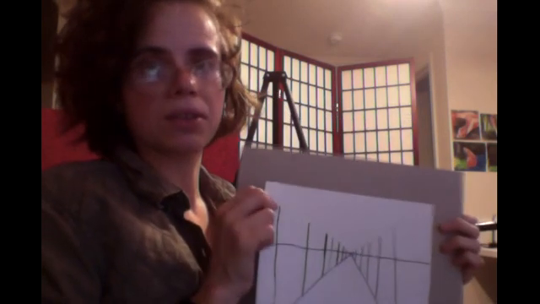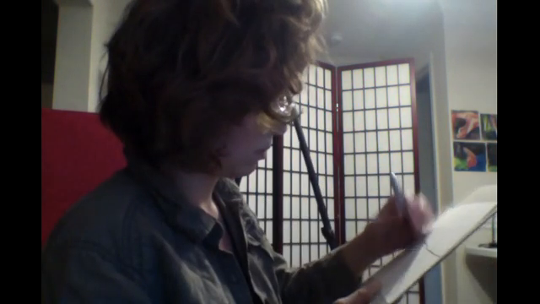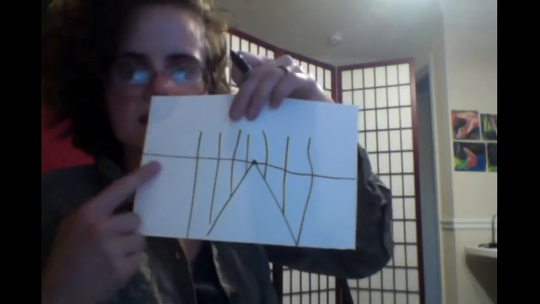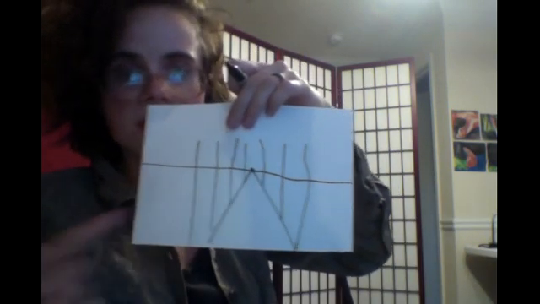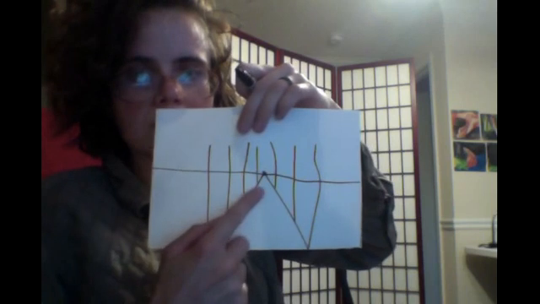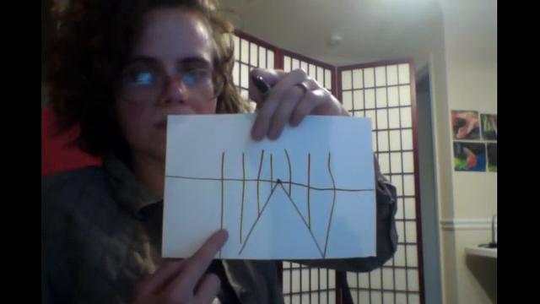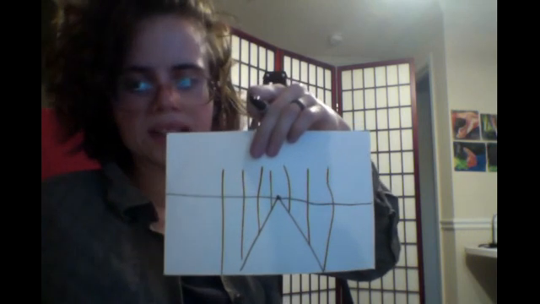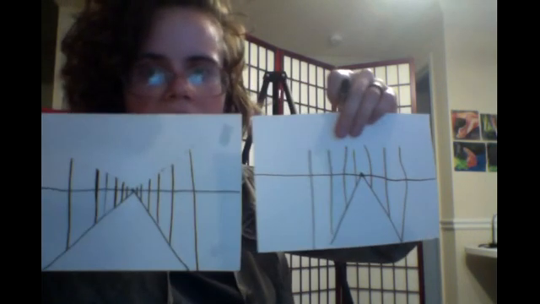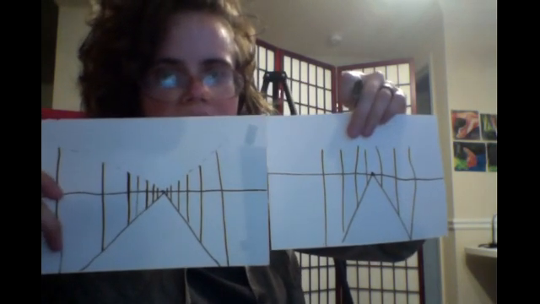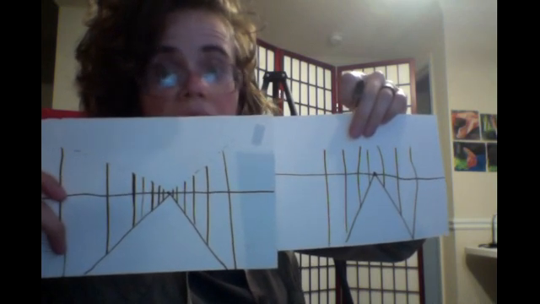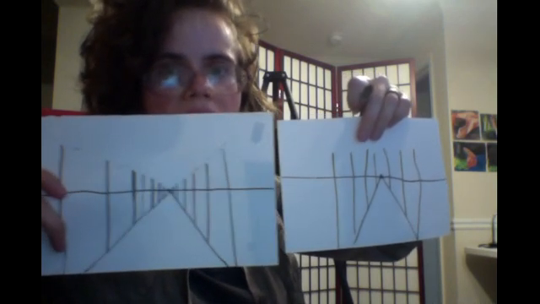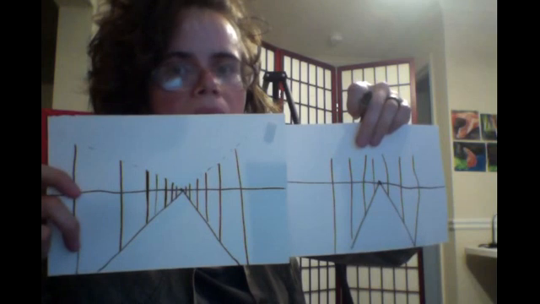I'll draw a counter example, something you don't want to do. So you see how everything's kind of the same height, the same distance between each of the power lines. It looks a little more flat and more like a design, whereas in this instance the lines get taller as they move towards the edge or further to the foreground.